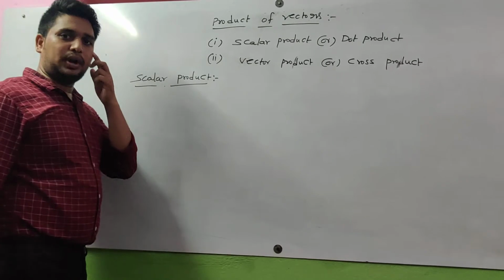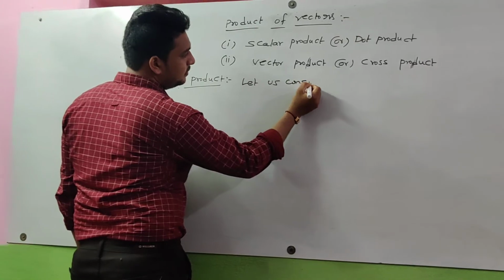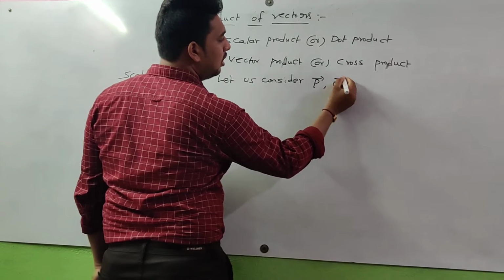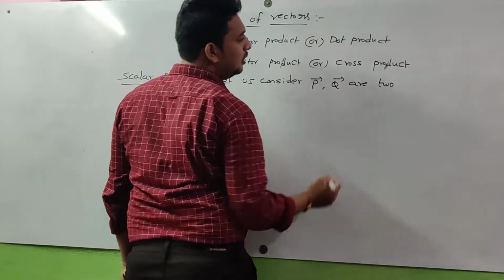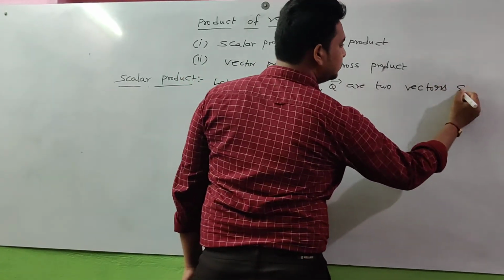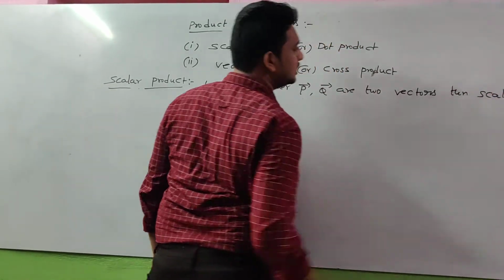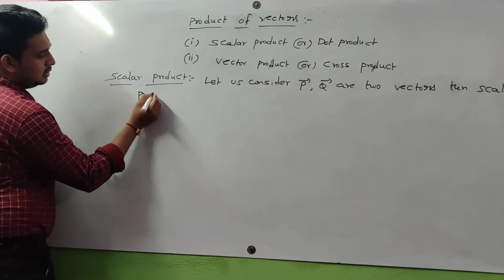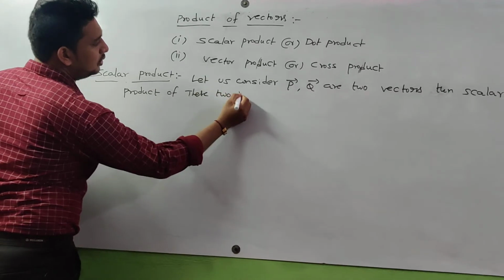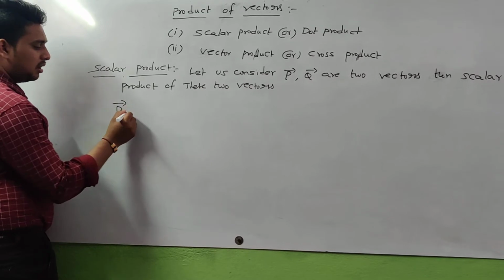So how do we represent the product of vectors? Let us consider p bar, q bar are two vectors. Then how can we represent the scalar product of these two vectors? p bar dot q bar.